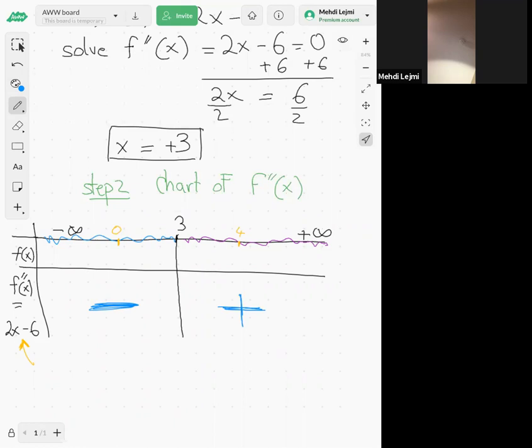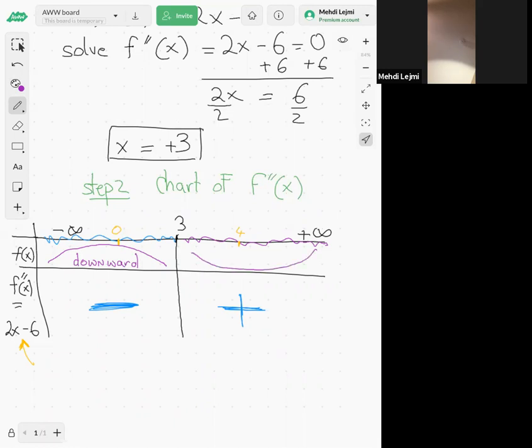When the second derivative is negative, the function is concave downward. So here the function is concave downward. And if the second derivative is positive, then the function is concave upward.